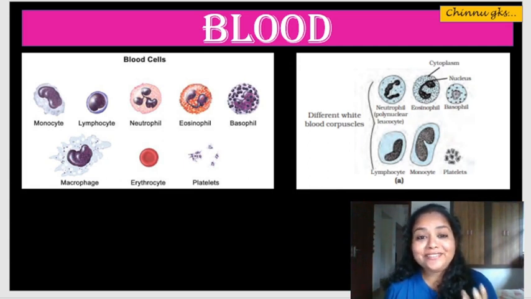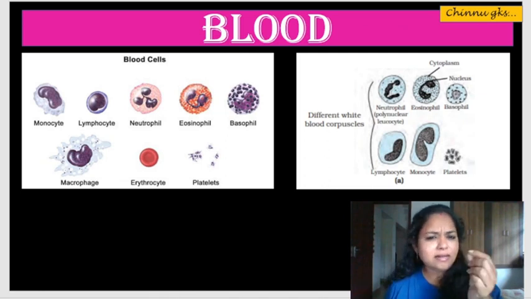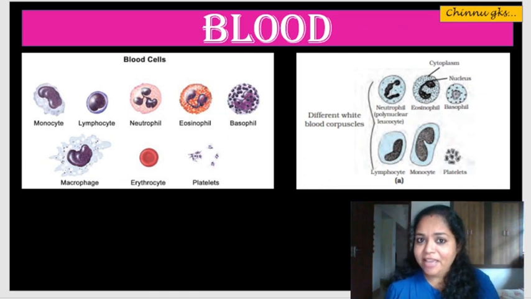You won't be able to identify it. So based on the shape of the nucleus, as well as relatively the size of the cell, you will be able to say whether the WBC is a neutrophil, eosinophil, basophil, lymphocyte or monocyte.